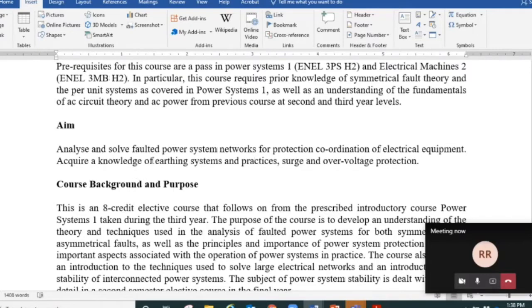We also will study about the earthing system and the practices that we do in all possible applications, but to cover all of them is very difficult.